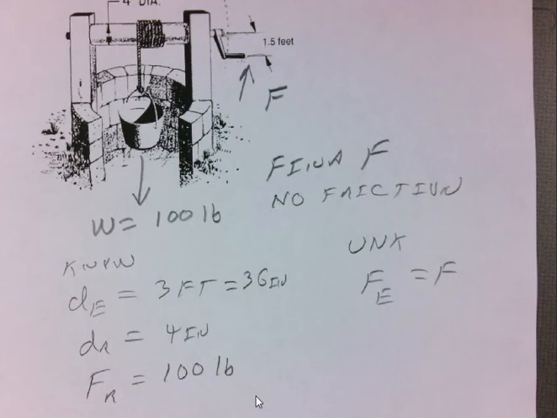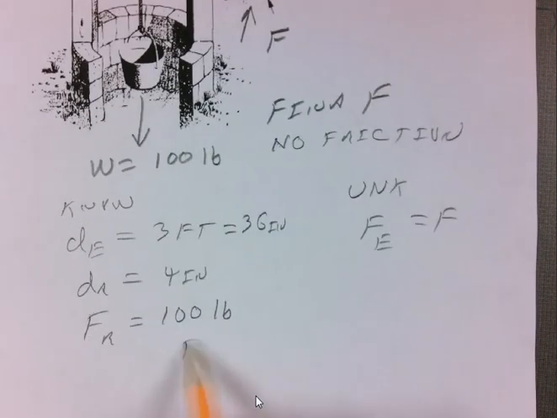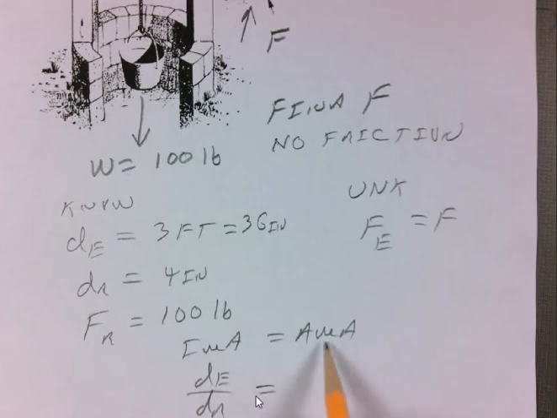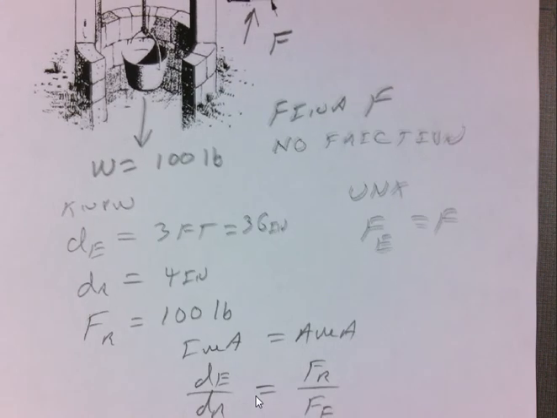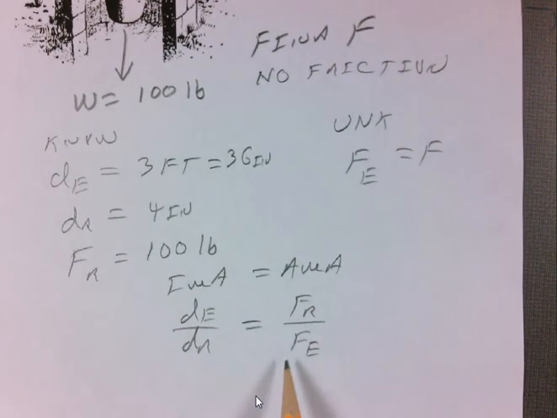So we're calculating FE. So with no friction, we can say again that IMA equals AMA, and the formula for IMA is DE over DR, and the AMA is FR over FE. Solving this, I recommend that you always rearrange your formula before you substitute any numbers in.